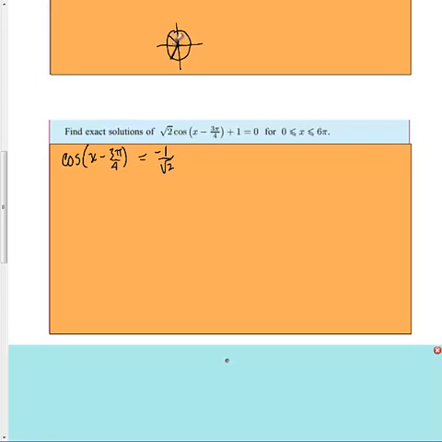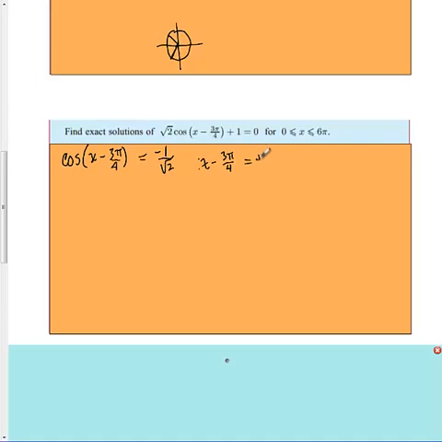So those are the two angles, plus and minus x minus 3 pi over 4, that is. That's the argument. X minus 3 pi over 4 has to equal plus or minus, this is 3 pi over 4.